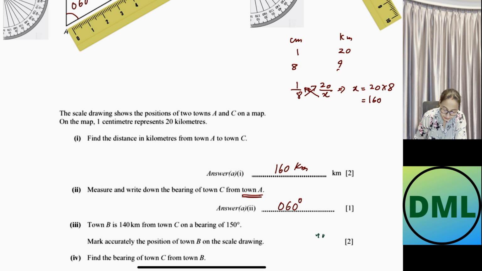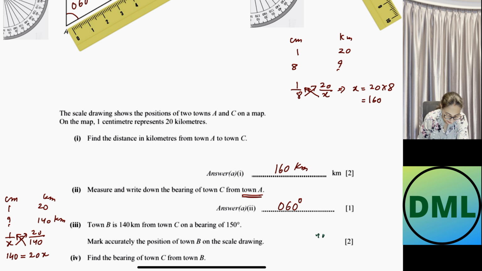We have the conversion that 1 centimeter represents 20 kilometers. 1 over x will be written as 20 over 140. Doing the cross multiplication on both sides, 140 is equal to 20x. x is equal to 140 divided by 20, which gives you 7 centimeter.